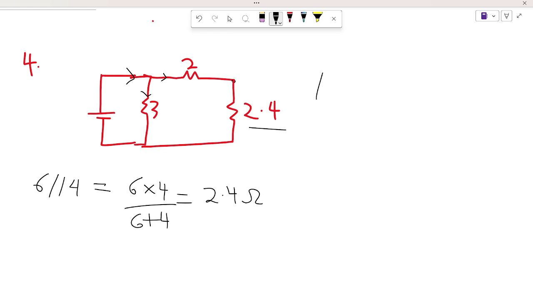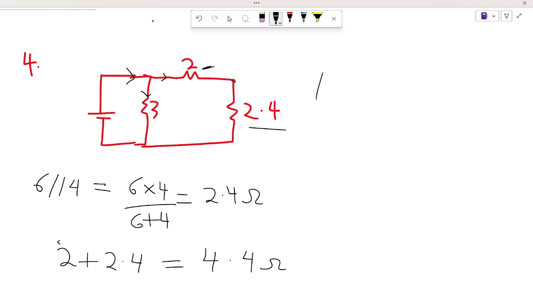The 2.4 ohm resistor is going to be in series with the 2 ohm resistor, so we add them up. That's 2 plus 2.4 to give us 4.4 ohms.